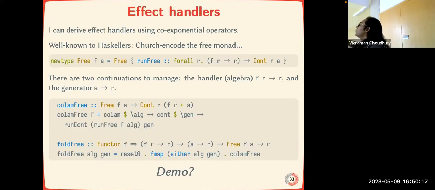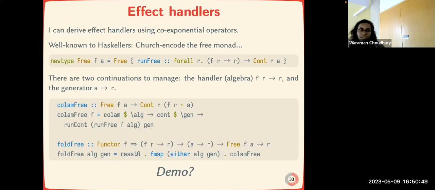To use continuations to encode effect handlers, my naive attempt was to just take the Church encoding of the free monad, which is there in Haskell. Sam tells me that this is some kind of codensity monad, which Christina knows about, but I don't know. So when you do this, you have basically two continuations to manage. One is F R to R, which is your handler algebra, and the generator A to R.